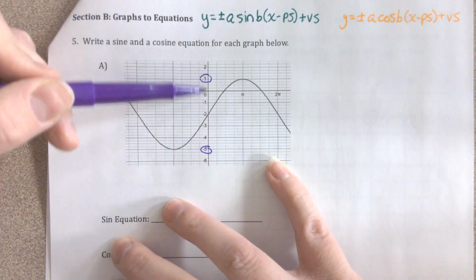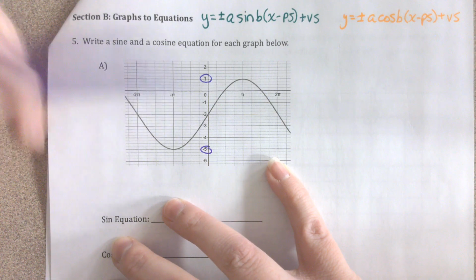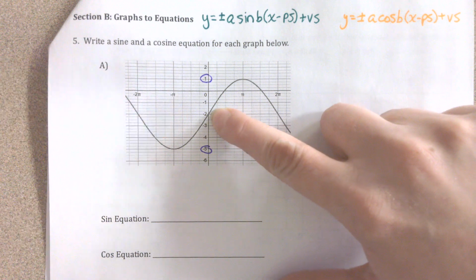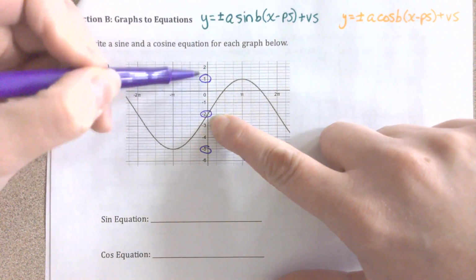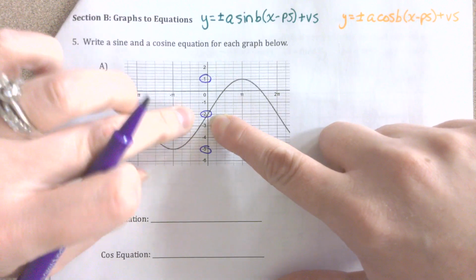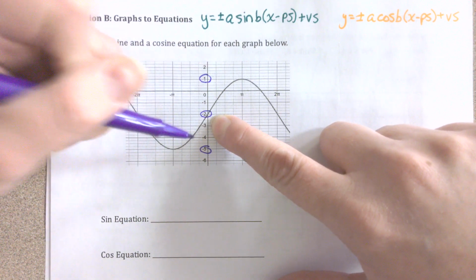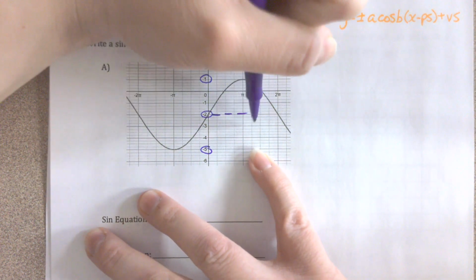So it's the number halfway between 1 and -5, and this graph kind of gives it away. It's -2. But if you're not sure, find what you think the number is, and then count up and down and make sure it's the same distance away from both numbers. So we have 1, 2, 3, 1, 2, 3. Yes. This is our midline.